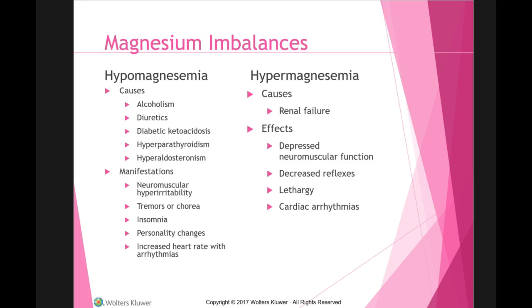And the effects of hypermagnesemia are the opposite, of course. So you would have a decreased neuromuscular function, decreased reflexes, also lethargy, and cardiac arrhythmias that usually deal with prolonging of the repolarization or depolarization.